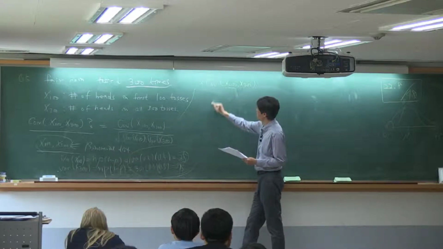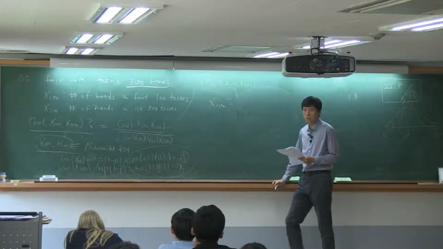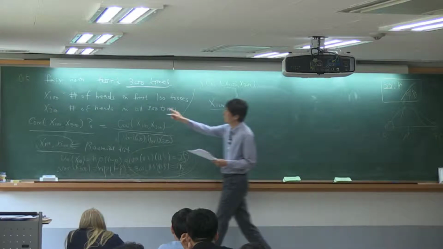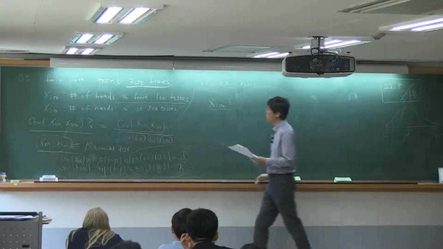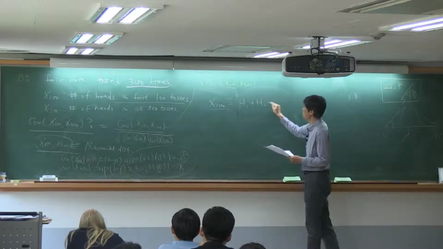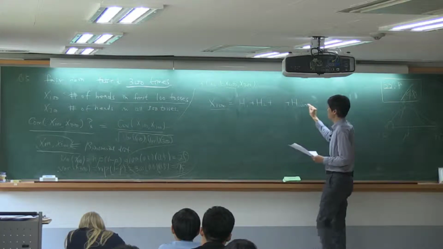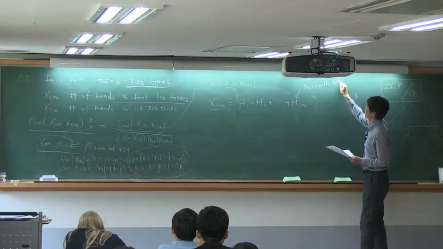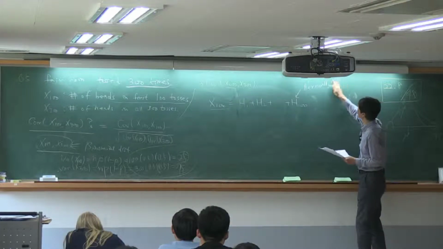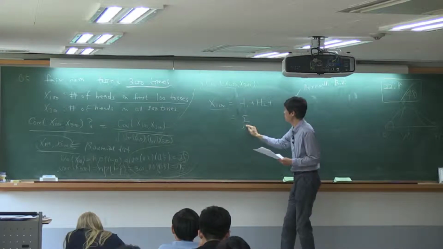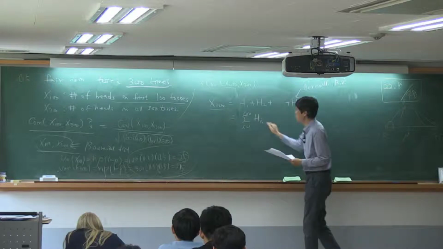Let's write the variable X100 in another form. Because this is the number of heads in the first 100 tosses, this is H1 plus H2 plus and so on, and each is a 베르누이 트라이얼 또는 베르누이 랜덤 베리어블이라고 볼 수 있지. 그러니까 요거는 sigma i is from 1 to 100 of Hi 이렇게 표현해 보죠.